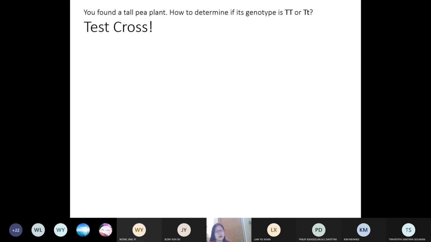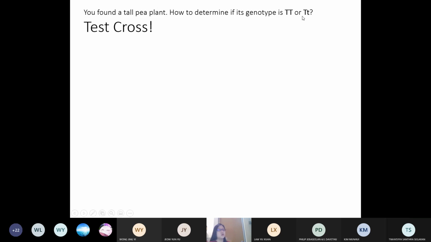Now, before we go to the dihybrid, I mentioned that we're going to do test cross. What in the world is a test cross? Now, this is the situation here. Put the monohybrid cross you thought about aside for a while. You're randomly walking in Mendel's pea farm of some sort, but you randomly found a tall pea plant. How do you determine if its genotype is purebred, meaning homozygous dominant, or it's heterozygous?